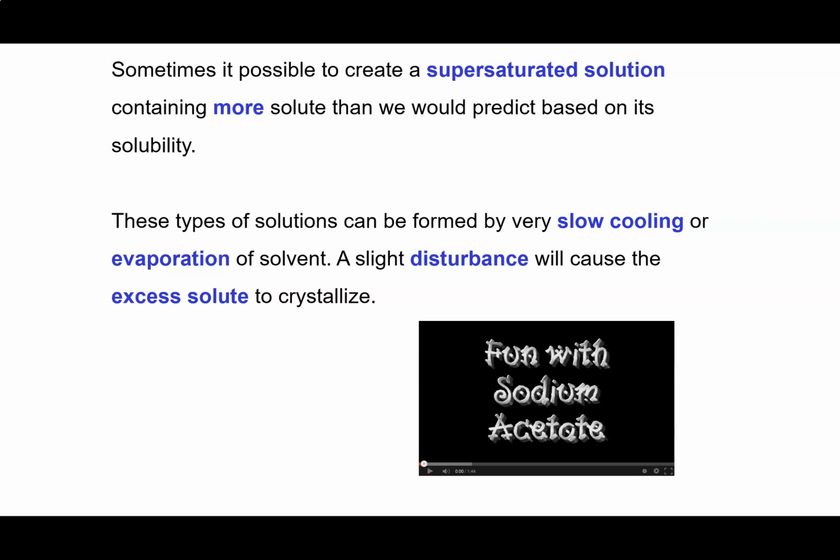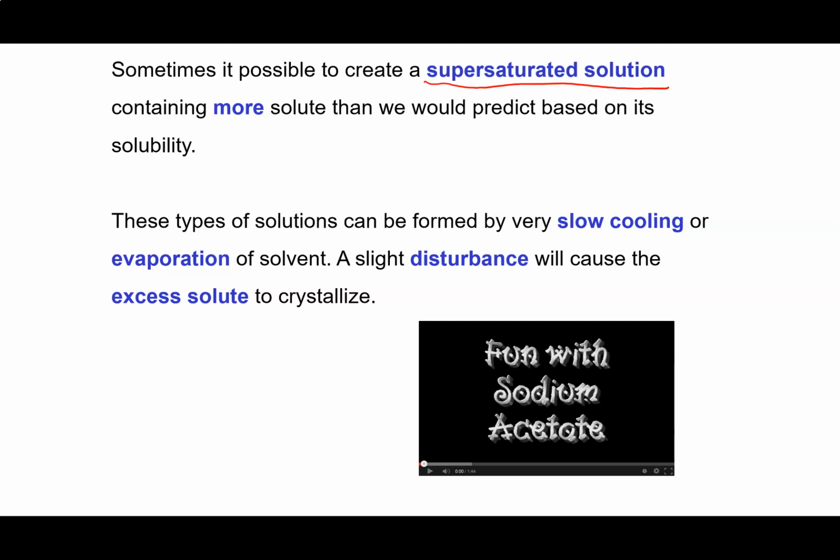Sometimes, if you get things just right, you can create what we call a supersaturated solution, which is really fun. What you do here is you generally take the hot solvent, which will dissolve more of the solute, and then you allow it to cool really slowly.